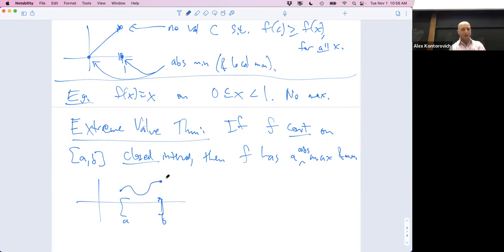It might be in the interior, it might be at the endpoints, but it has to go through. This theorem, which is blatantly obvious if you look at it, is actually surprisingly difficult to prove, because what goes into a rigorous proof is the very nature, the fabric of the real numbers, which is something we're not covering in this course.